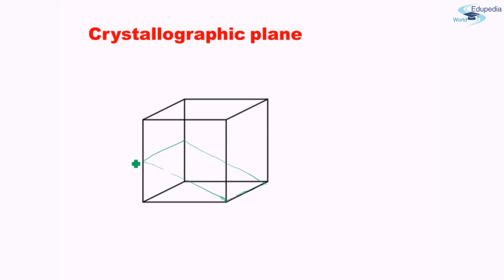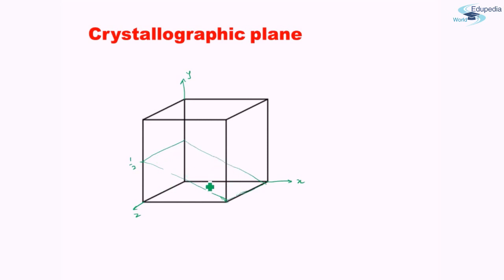This is half length and this is obviously one length, and this is not cutting Z anywhere. Let me draw the axes Y, X, Z. So now using the algorithm, we need to find the Miller indices of this plane.